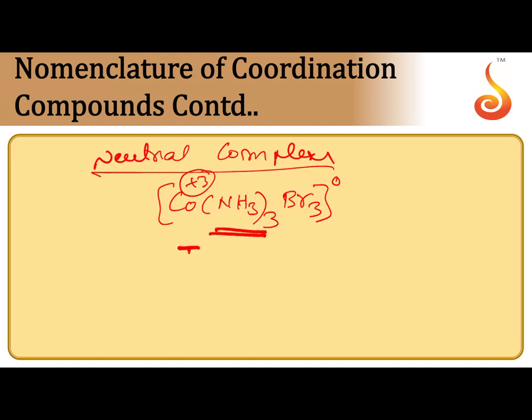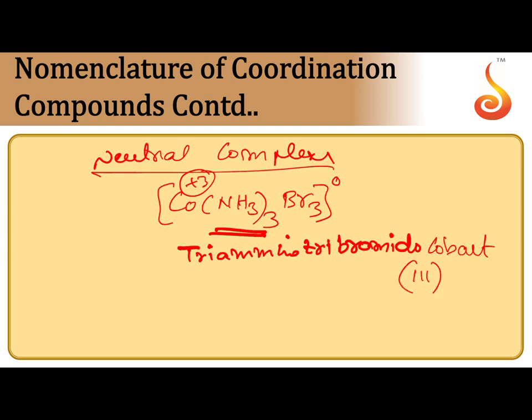First you write the amines, triammine. There are 3 bromide ligands now. Br minus is not a counter ion, this is a ligand, that's why tribromido. Then cobalt, its oxidation number is 3. That's all.